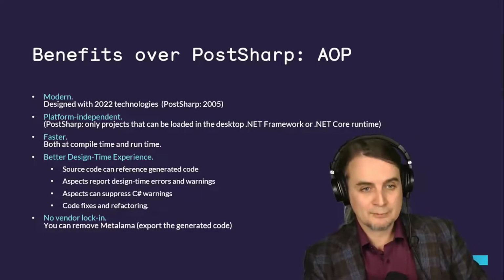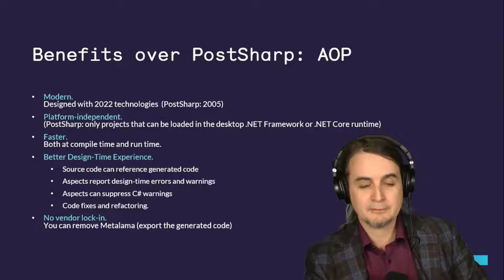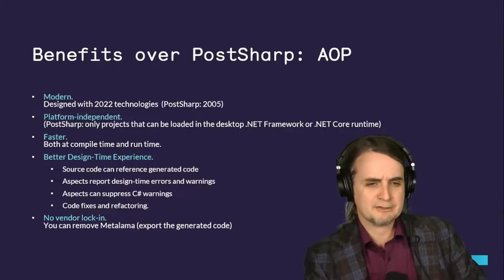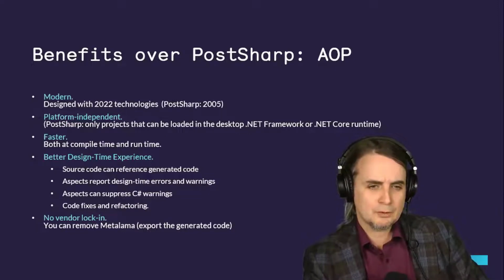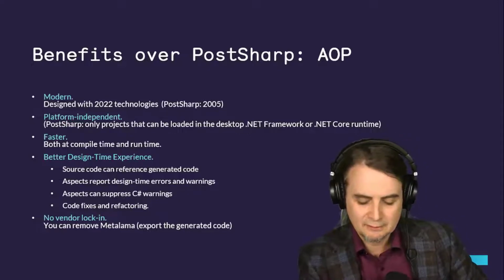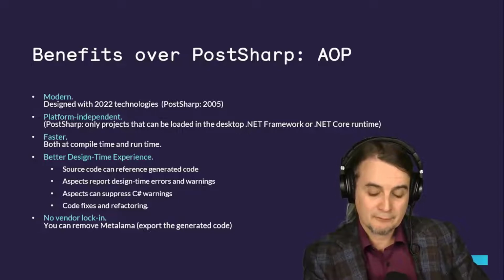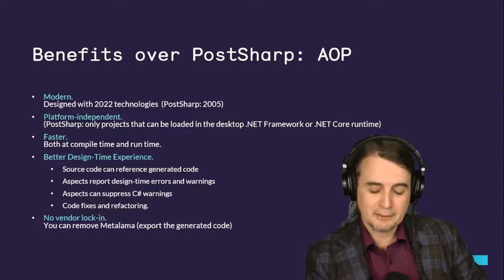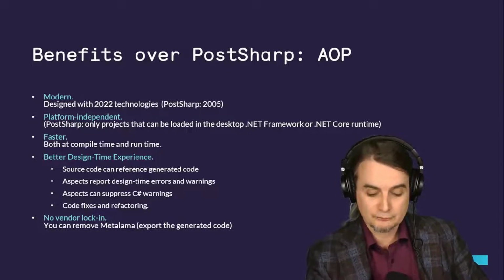You've seen also with Metalama a much better design time experience. I've not shown that, but with Metalama, you have much less of a vendor lock-in. There was never an intentional vendor lock-in with PostSharp, but if you had to remove PostSharp, you had to write the whole source code by yourself manually.